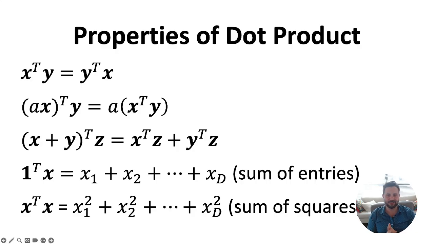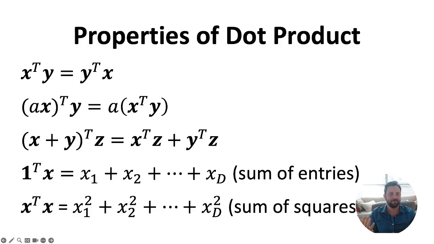Some properties of the dot product: we can mathematically show that X transpose Y is the same as Y transpose X, because we're going through each and every one of the elements of the two vectors, multiplying them and summing them.